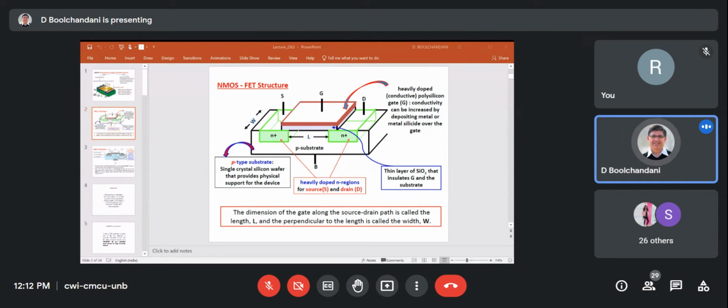So this is the top of the gate. It is a heavily doped polysilicon gate. Conductivity can be increased by depositing metal or metal silicide over the gate.